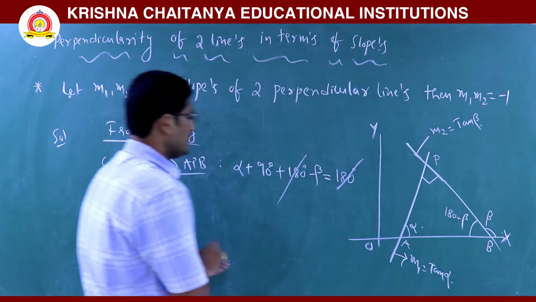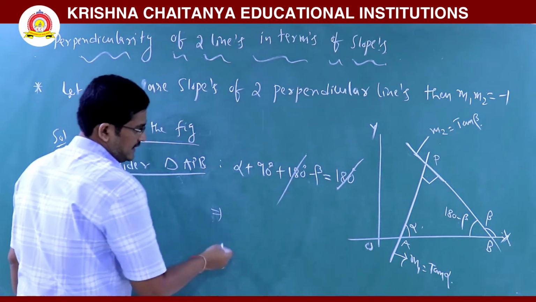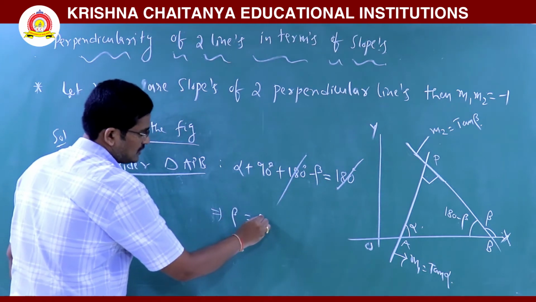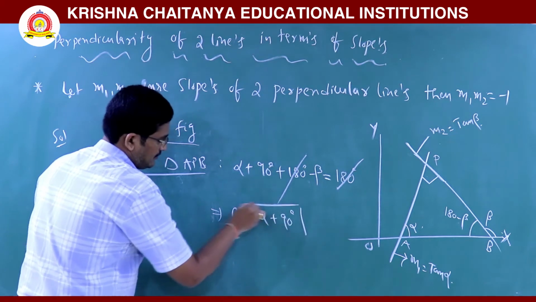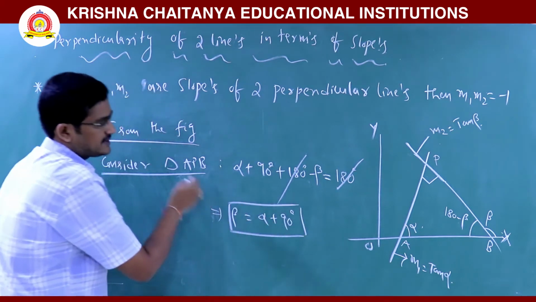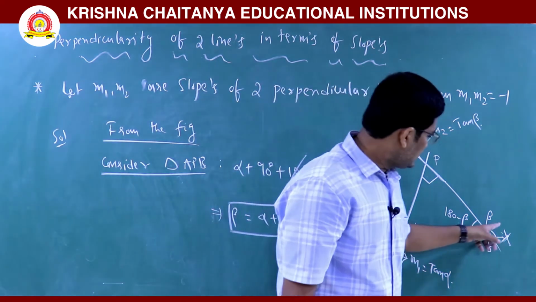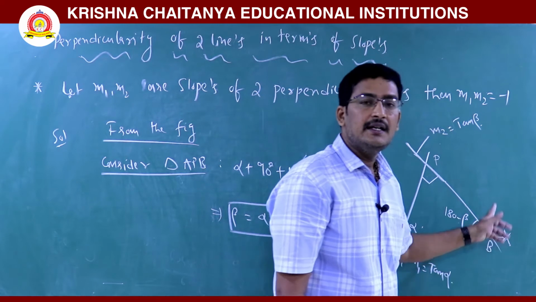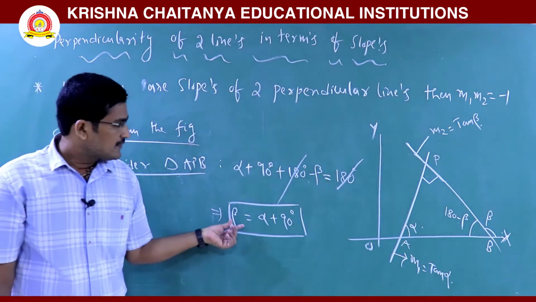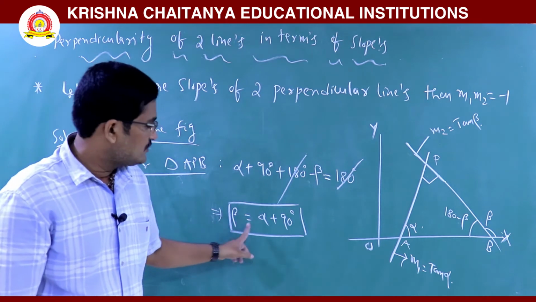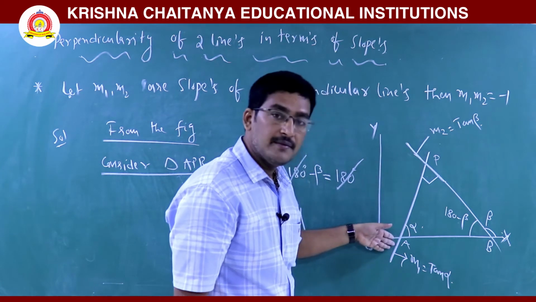Then minus beta, take to the right side. Then beta is equal to alpha plus 90. So I am writing the angle beta in terms of alpha. So we get that beta is equal to alpha plus 90. The inclination of this line is alpha.